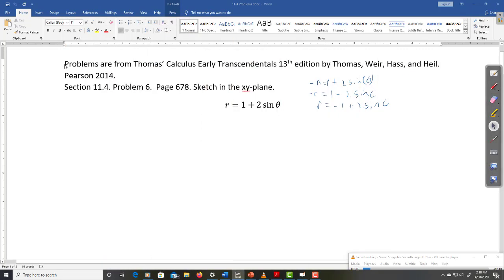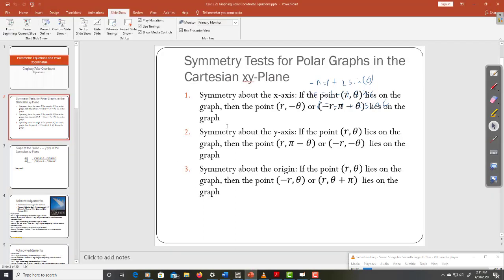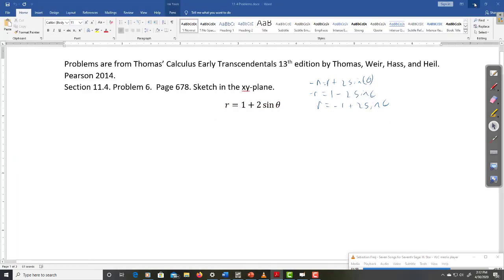Huh. Let's go look at our slide again. Symmetric about the y-axis if negative r, negative theta lies on the graph. Oh, I really kind of misinterpreted that. It's either or of those, so one of them apparently could not be true, but the other one could be. So if I replace theta with pi minus theta, r equal 1 plus 2 sine of pi minus theta.